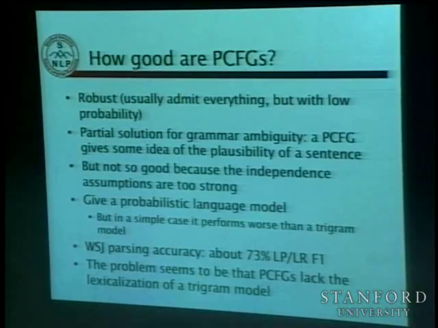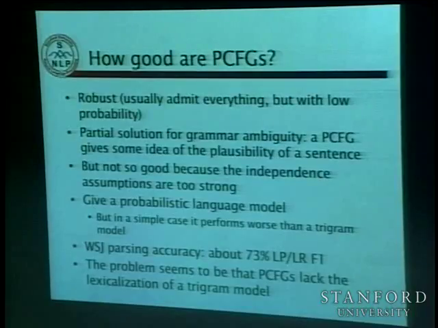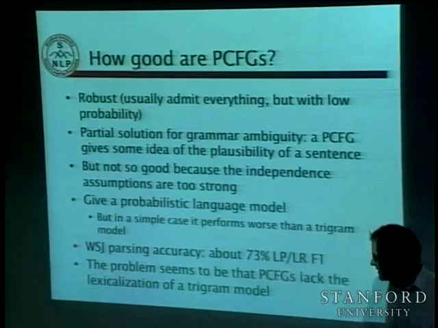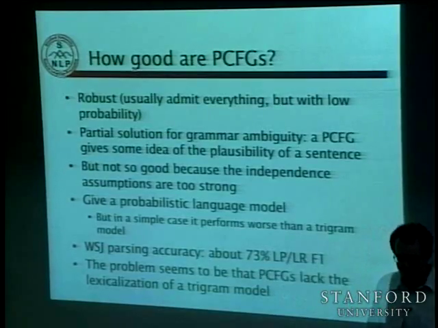The reason for that seems to be that PCFGs don't actually know much about words and how words go together, precisely because of these strong independence assumptions. Now that we know about the precision labeled recall F1 measure, if you just read off a treebank grammar, the score you get is about 73%.